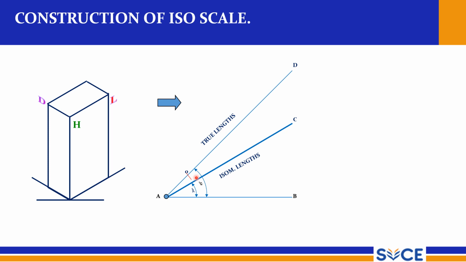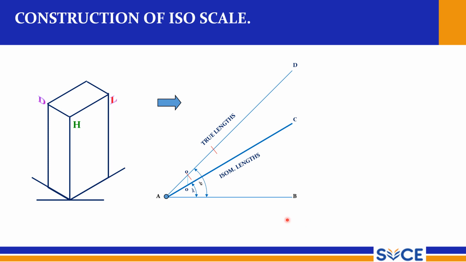So instead of multiplying with 0.82 every time, you can directly measure on the iso scale like this. This gives you a graphical solution, equal to the value you obtain when you multiply with 0.82.